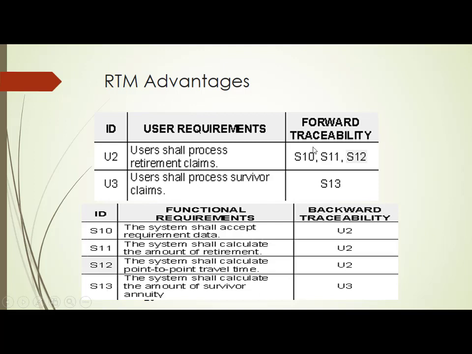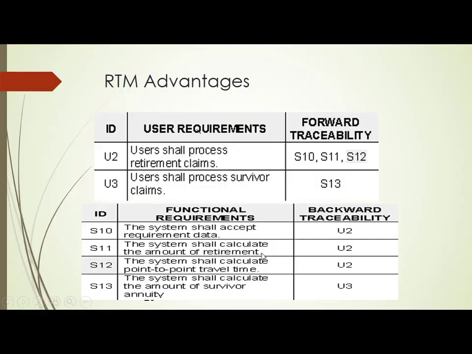So you have forward traceability and backward traceability. Here you can see this stakeholder tracing to user 2, and user 2 is actually tracing to stakeholder 10. So either you look at this matrix or that matrix, in both you can find which stakeholder is tracing to which user. This is called the requirement traceability matrix.